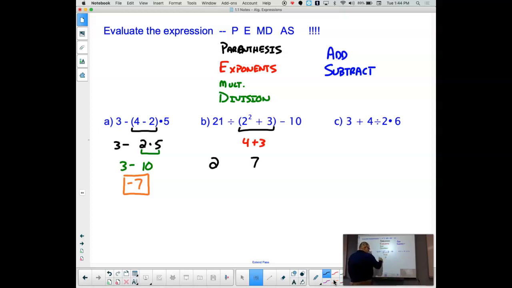So this really is 21 divided by 7 minus 10. Multiplication division is next. So this one is 3 minus 10. 3 minus 10 is negative 7. Two very much different looking expressions can be evaluated to be the exact same thing.